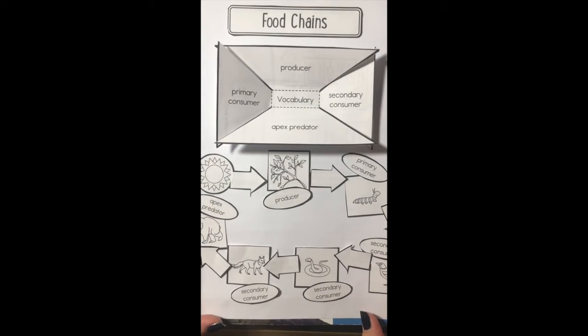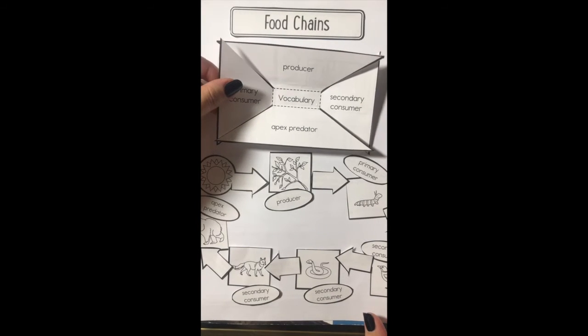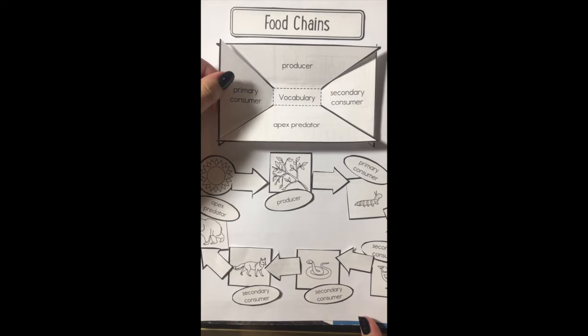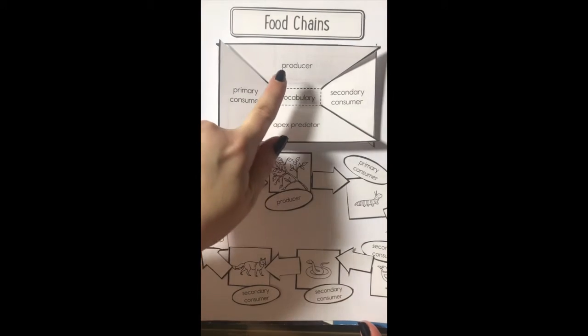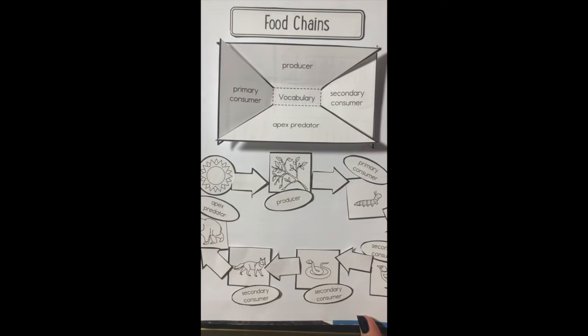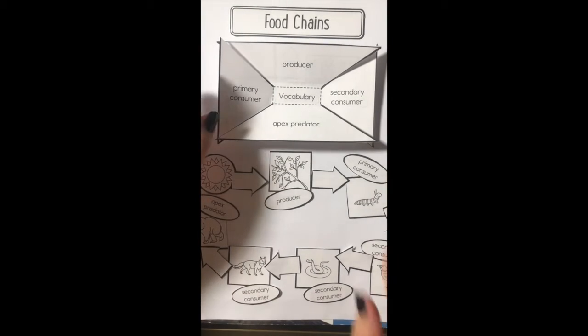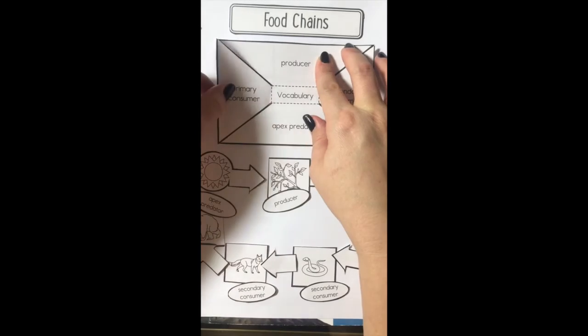So here we have our food chain and we have our definitions. Here we have already learned what our primary consumer is, a producer is, and a secondary consumer is. You can use yesterday's exercise to write your definition on the back.